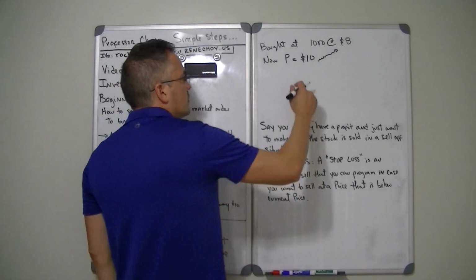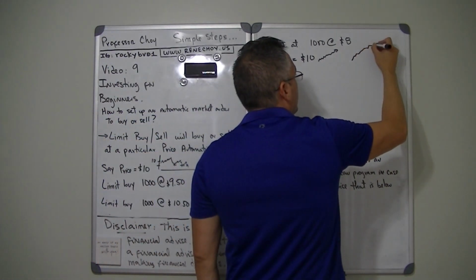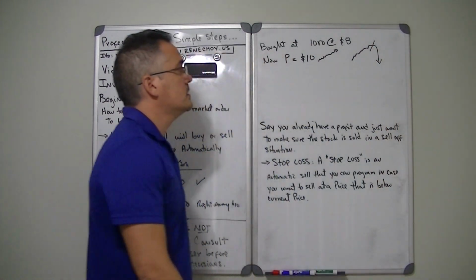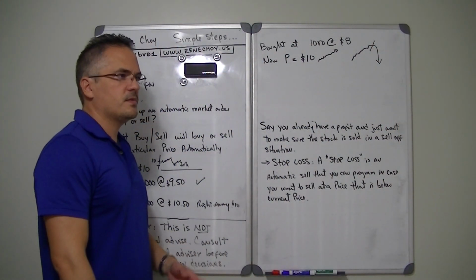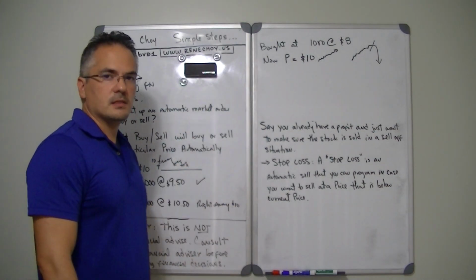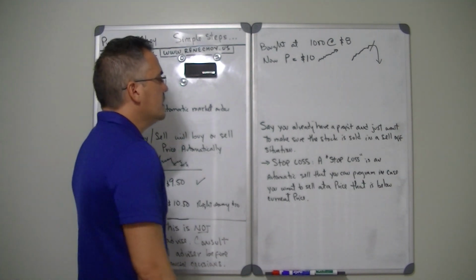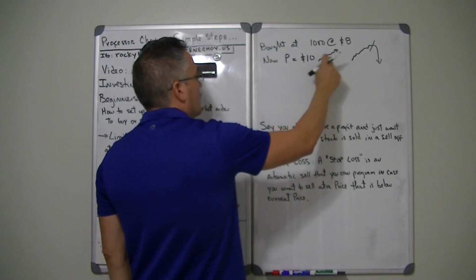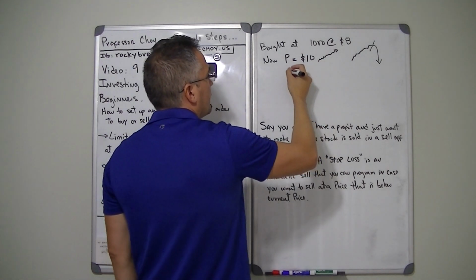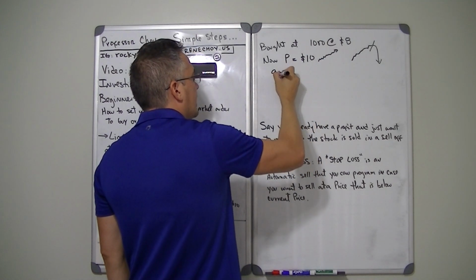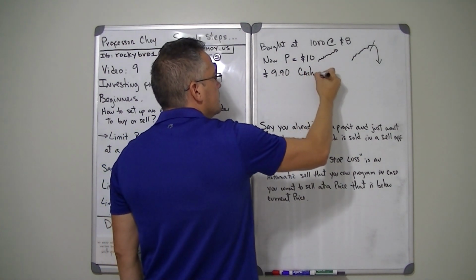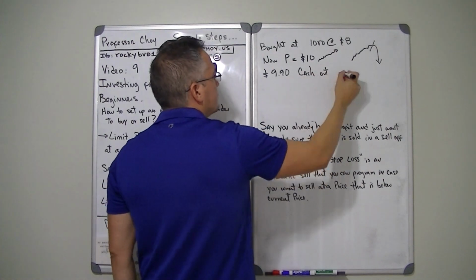Okay? So again, you don't know whether it's going to continue to go up. You have a hunch that it might just do this real quick tomorrow or something like that. And you want to set up something called a stop loss, so it sells automatically if the price decides to drop. Okay? So in this particular case, let's say we want to make sure that we cash out at, let's call it, 990. So I want to cash out at 990.